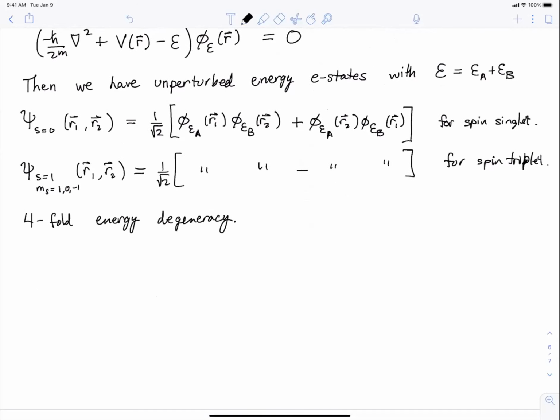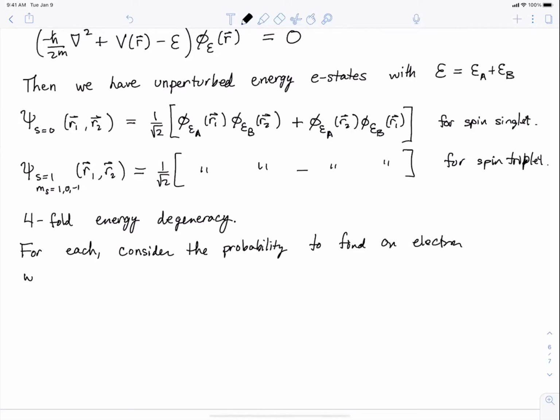Okay, so for each of these possibilities, we can consider the probability, as we mentioned above, to find an electron within volume d³r1 near r1, and another electron within d³r2 near r2.